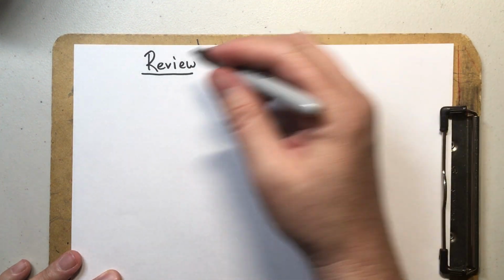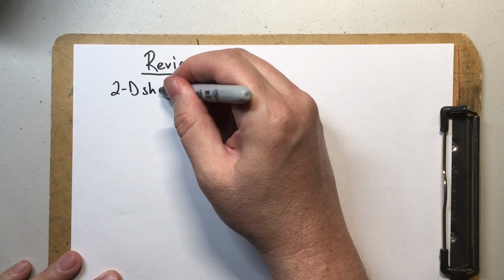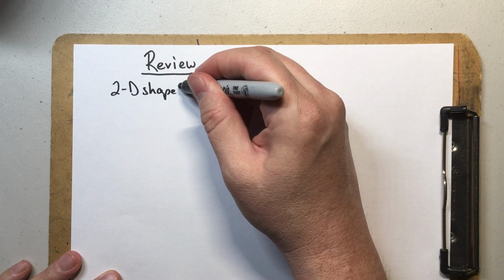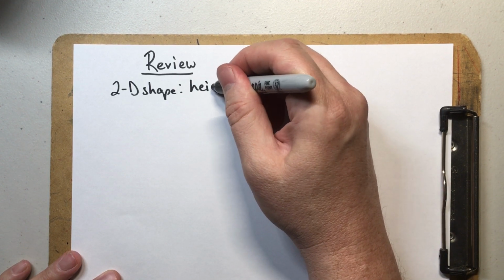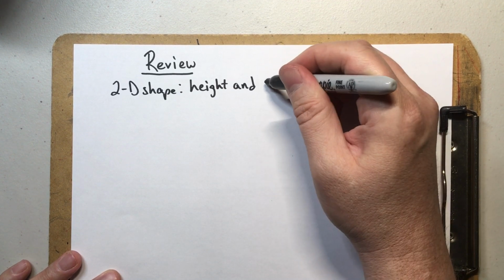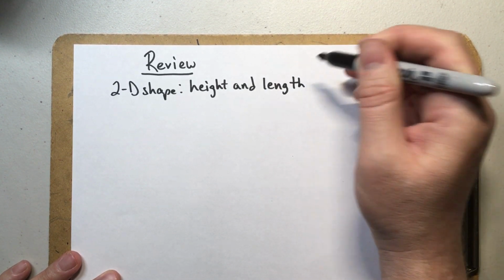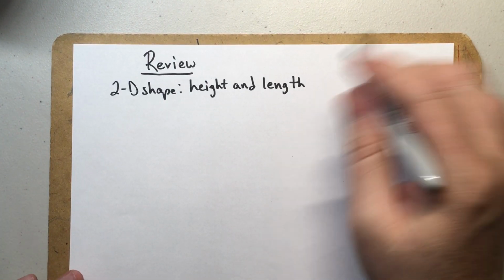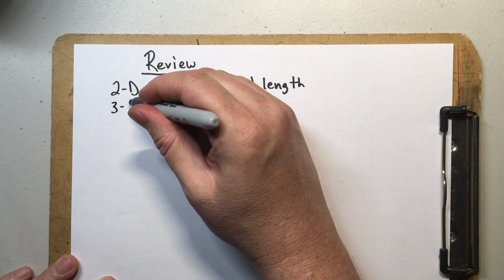A 2D shape, or 2 dimensions, has height and length. Some formulas and equations will say height and width, and that's fine, no problem. I don't get caught up in that stuff.